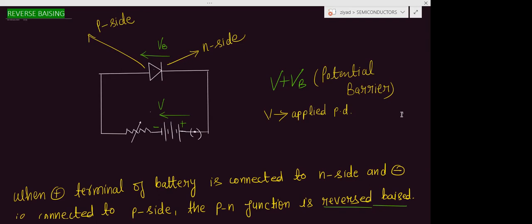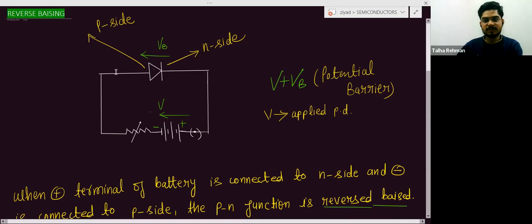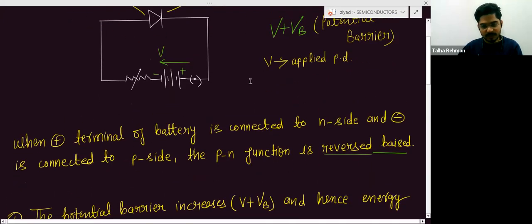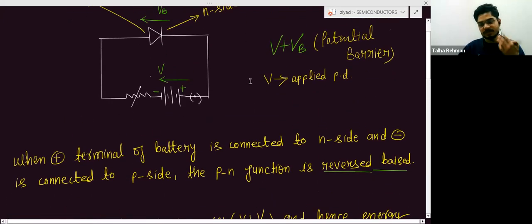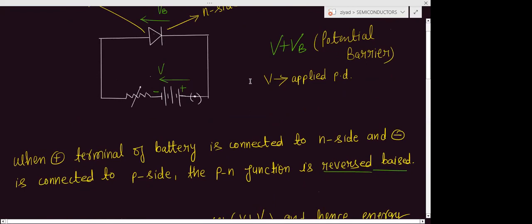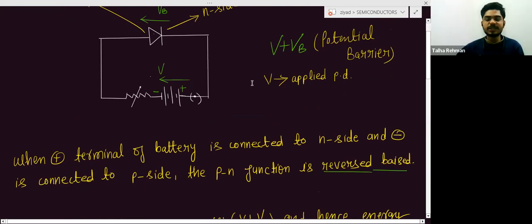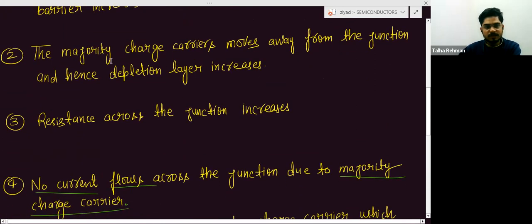They will move away from the junction. So when they move away from the junction, there will be no current due to the majority charge carriers. They move away from the junction and hence the depletion layer increases.